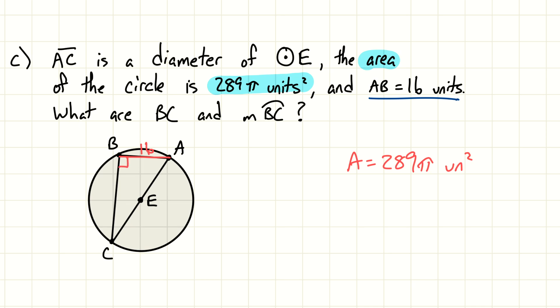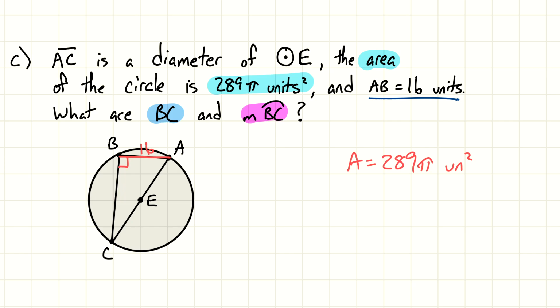Because the inscribed angle of ABC has an arc of 180 degrees, which means this has to be 90 degrees. Which gives us, again, this is really just a right triangle problem. So we're looking to see what's the measurement of BC and what's the measurement of arc BC.